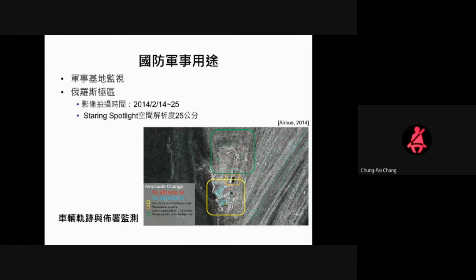So this surface is smoother than the other area. So we know that some cars often pass through this area, and we can see some details. For example, this is vehicle tracks. Here, this is a building, and you can see some fence around the area and so on.